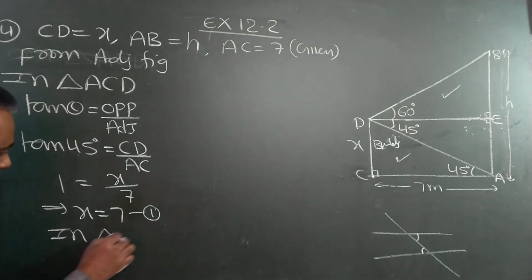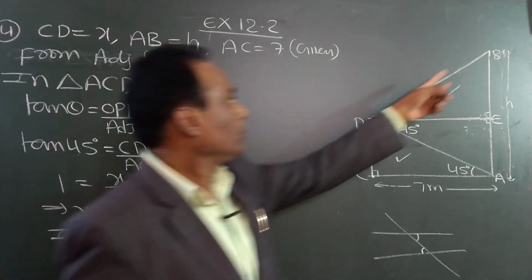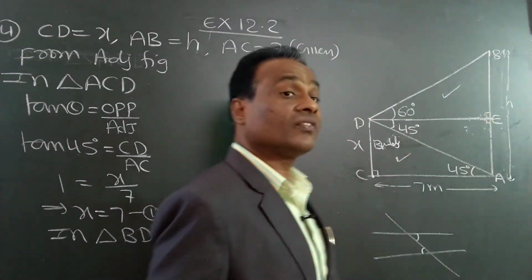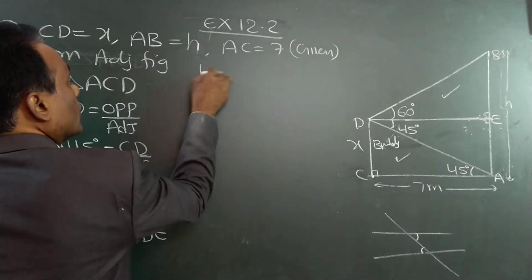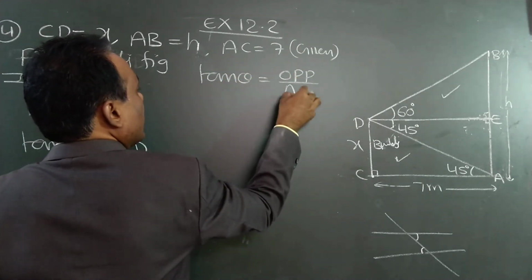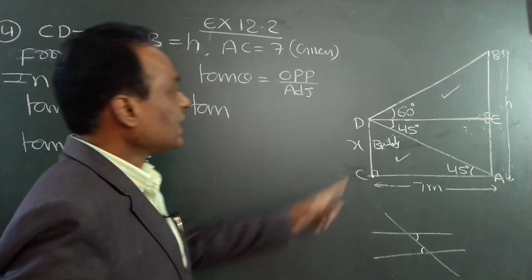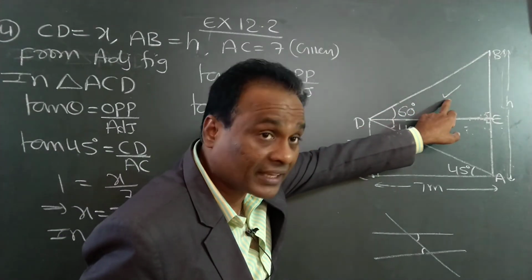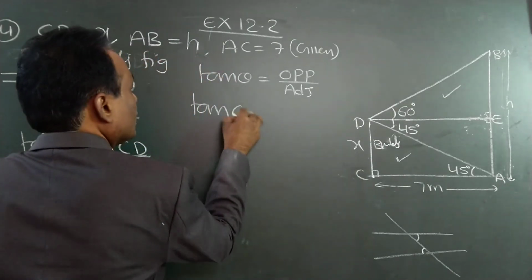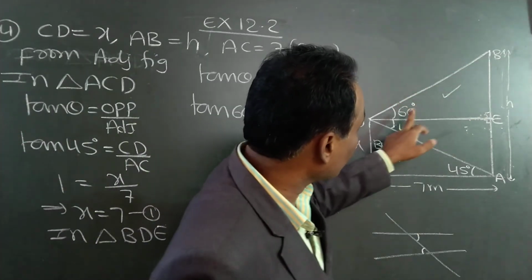In triangle BDE, same tan formula I am using. Tan theta is equal to opposite by adjacent. What is theta? Theta is 60 degrees. This triangle I am taking. Tan 60 is equal to opposite for this angle.